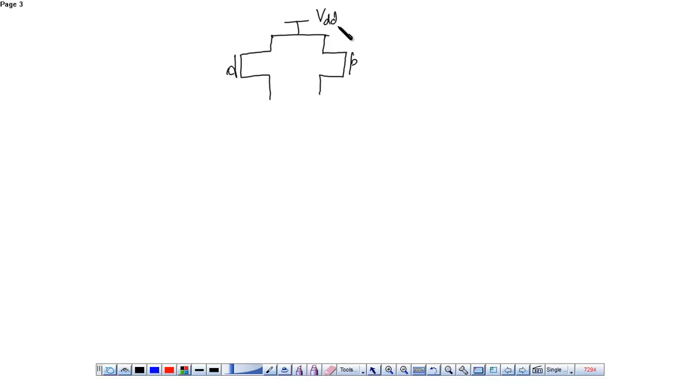This is connected to VDD. This is connected to the third input.